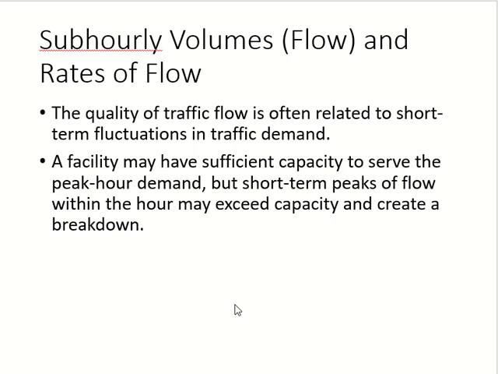hour, traffic does not come at equal intervals. So for example, in 1 hour, I have 3,600 vehicles. That means 1 vehicle per second. But is it possible that vehicles keep on coming after every second?